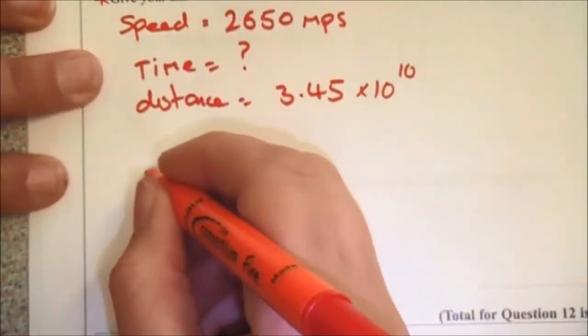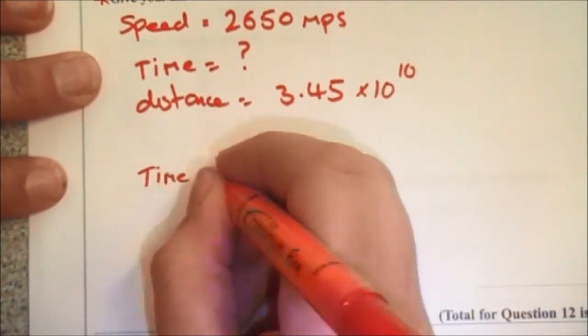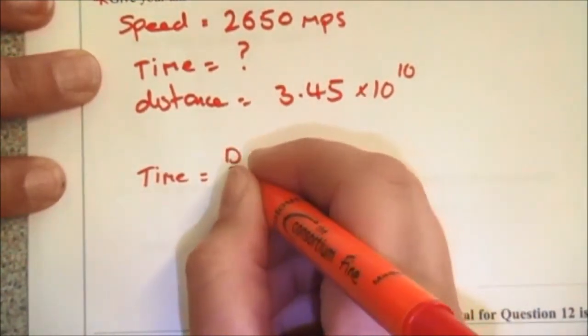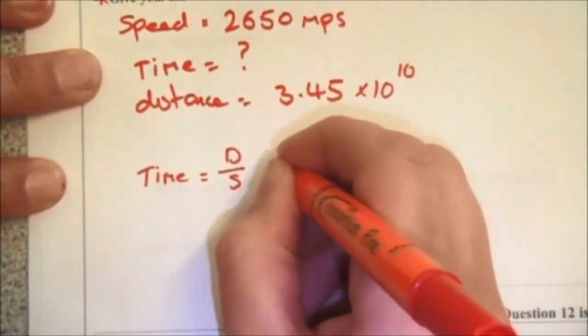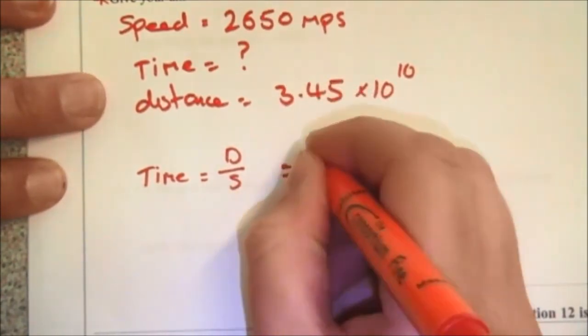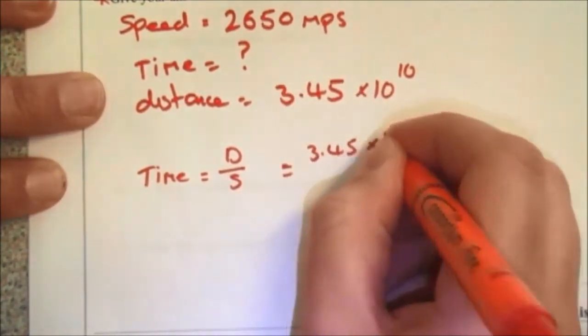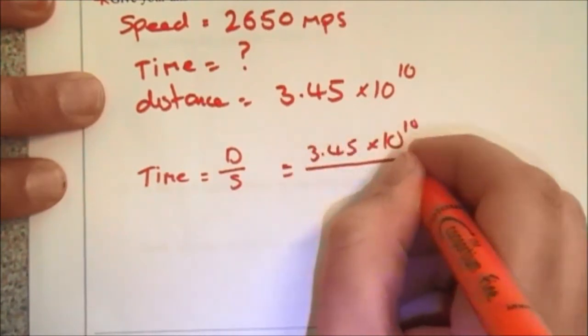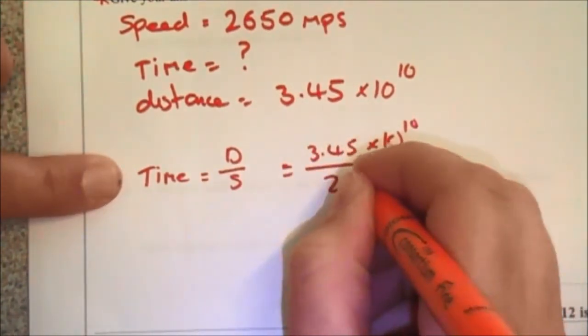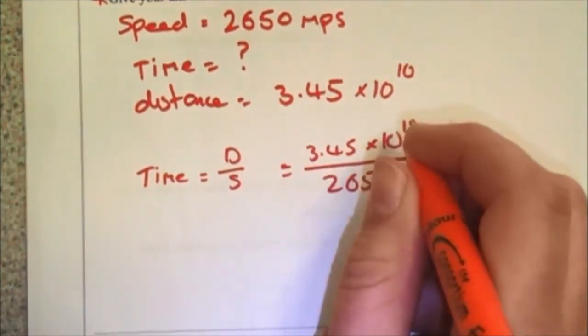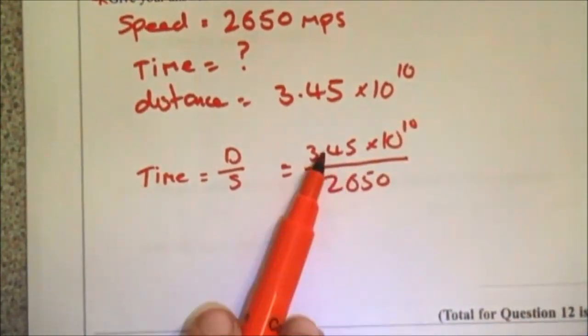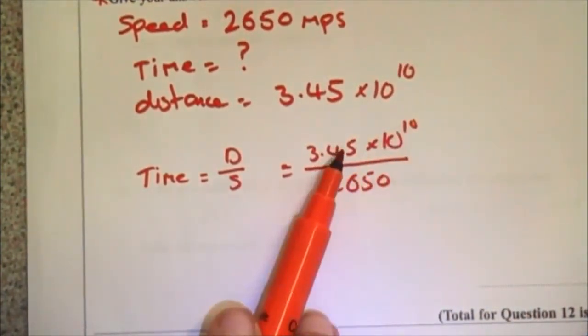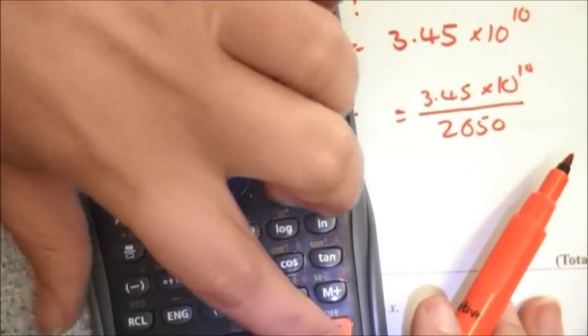So I want to find time. Now I know that time is equal to distance over speed. So my distance is 3.45 times 10 to the 10 divided by my speed, which is 2650. Now this is a calculator paper, so you can just enter the standard form on the calculator.